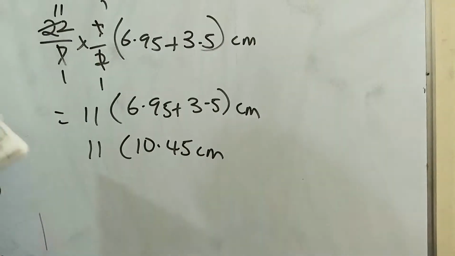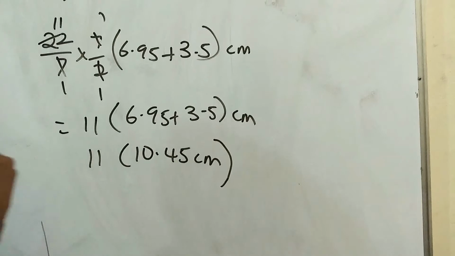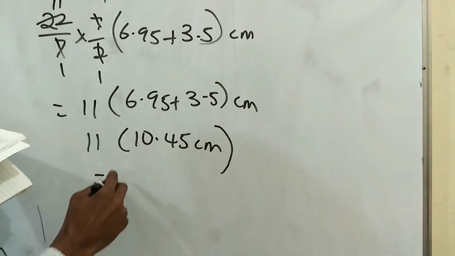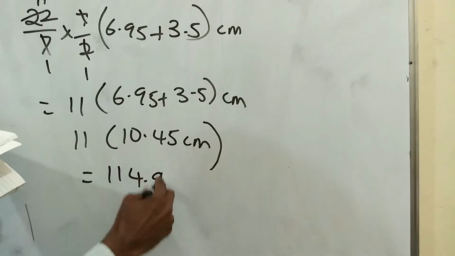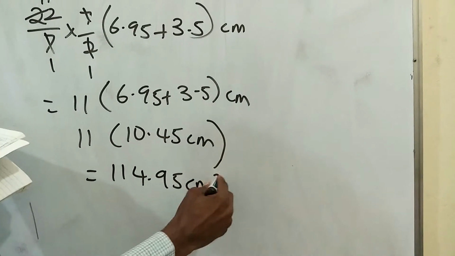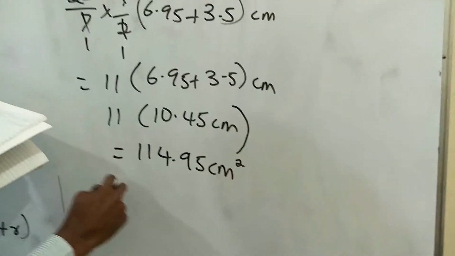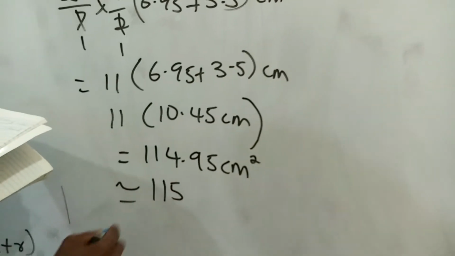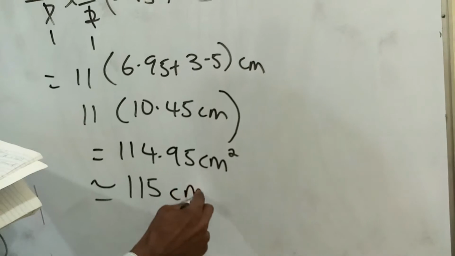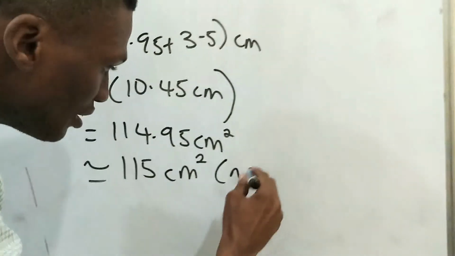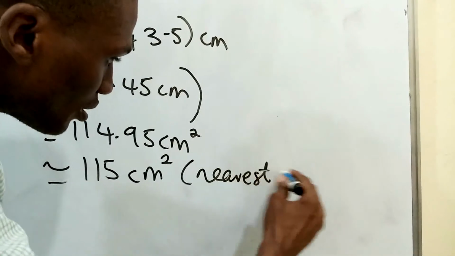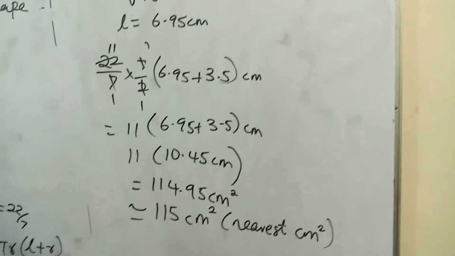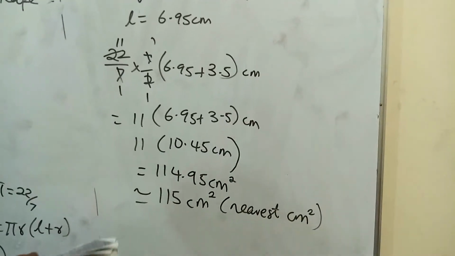We now multiply this by 11 to get 114.95 cm squared. By approximation we have 115 cm squared to the nearest cm squared. So that is our total surface area of our cone.